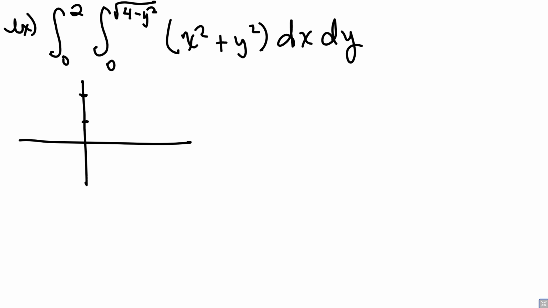And then from 0 to the square root of 4 minus y squared is going to represent what values? X. It's going to represent an x. So I'm going to start with the lowest y value and then work my way up to the highest y value.